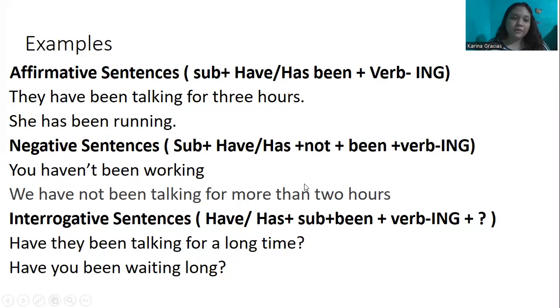One example, you haven't been working. For the interrogative sentence, we use the following structure, have or has plus subject plus been plus the verb in ing form plus the question mark. One example, have they been talking for a long time? And this is all. Thank you.